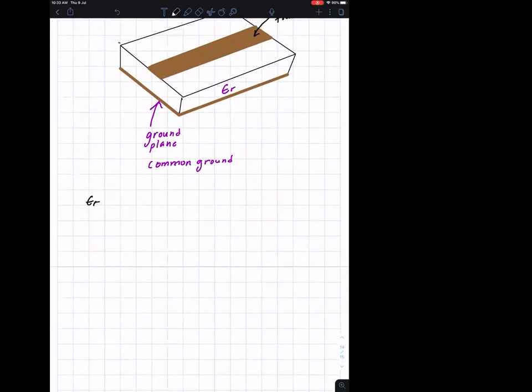Epsilon R is the relative dielectric constant. Usually people try to use a low loss dielectric, the dielectric slab or substrate.